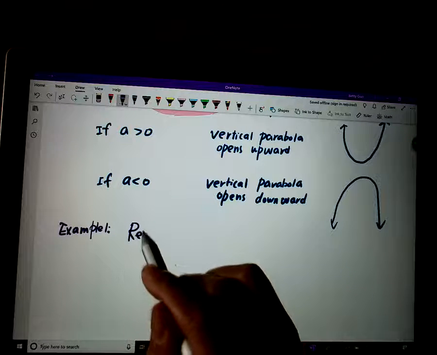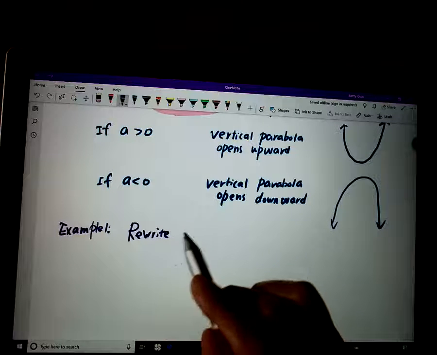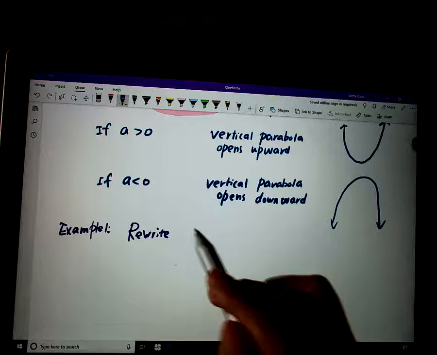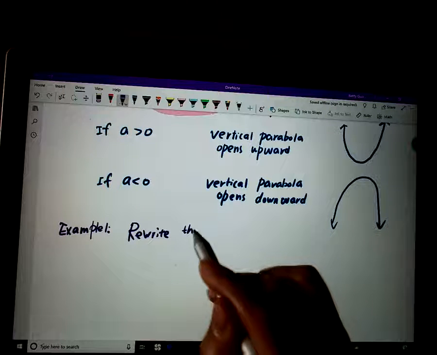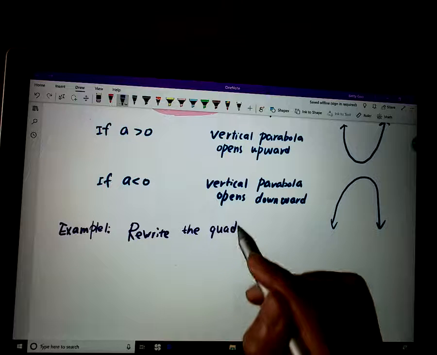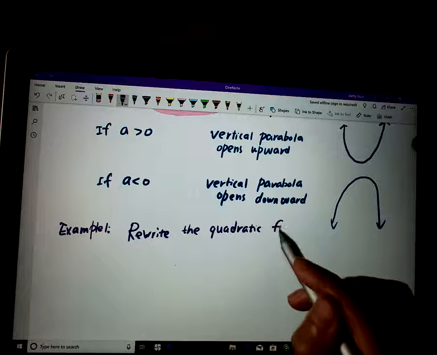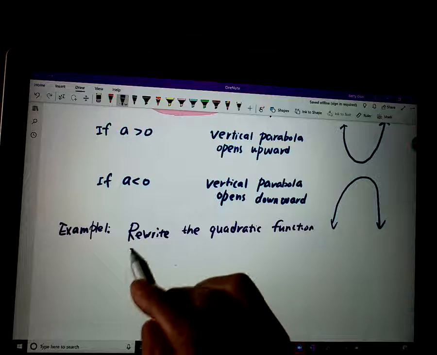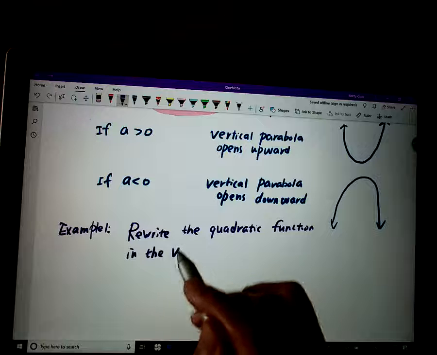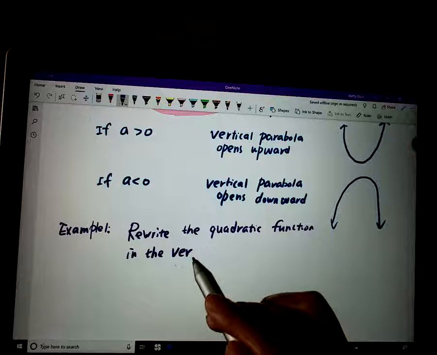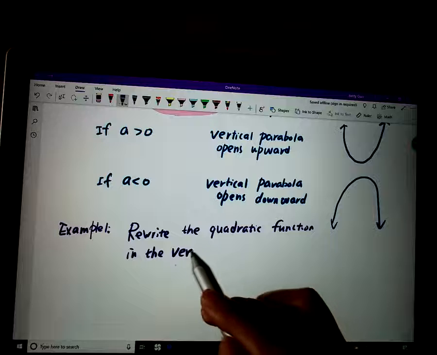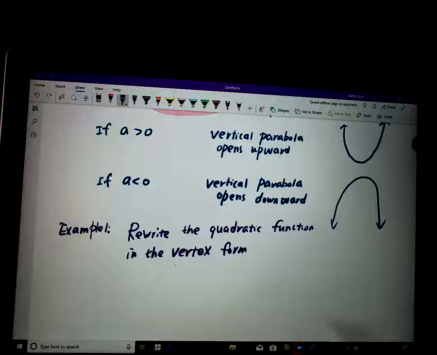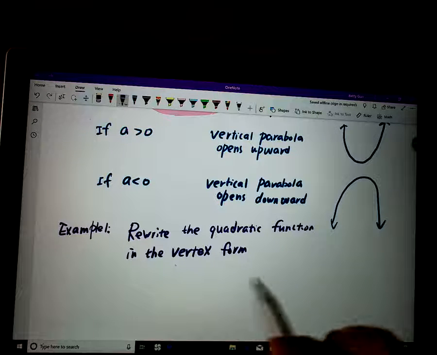Rewrite each quadratic function in the vertex form. We just talked about the standard form, right? Here we have a new concept, the vertex form of a quadratic function. I'll explain.